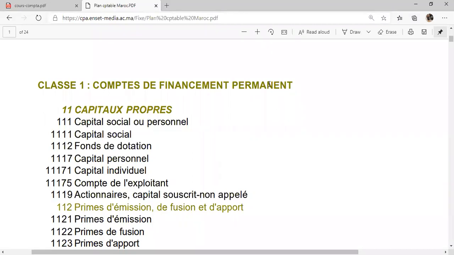Then we have the second figure. It's called the rubrique, and in this case, it's capital propre. The first one, the class, is 1, which is compte de financement permanent.